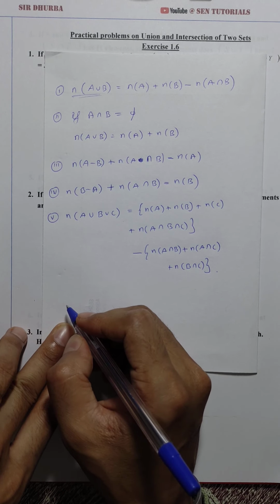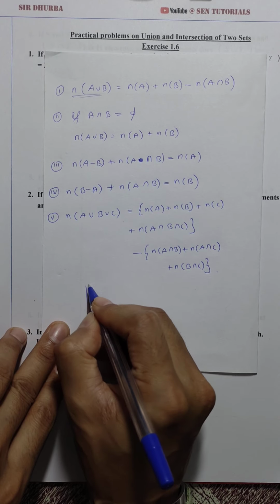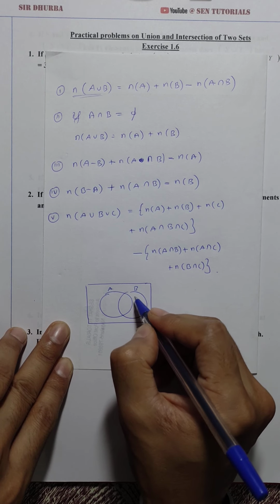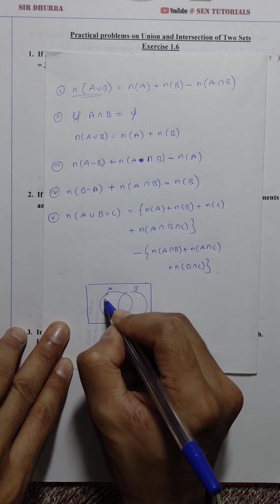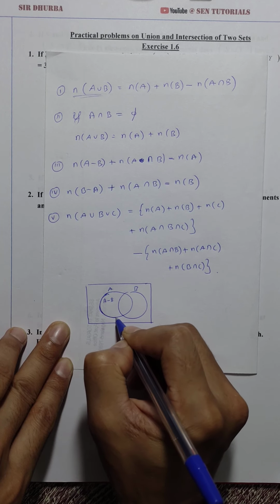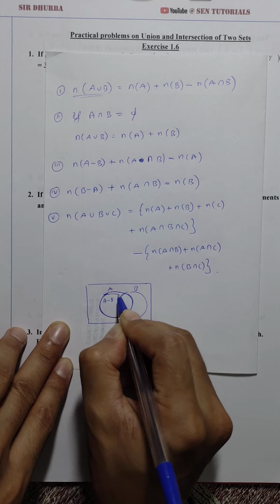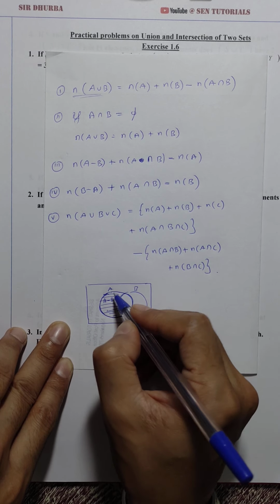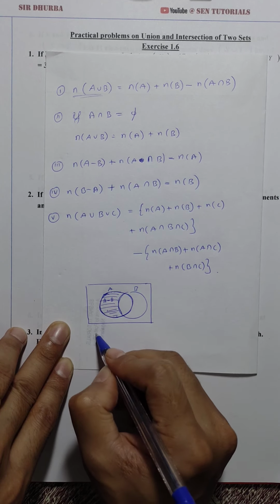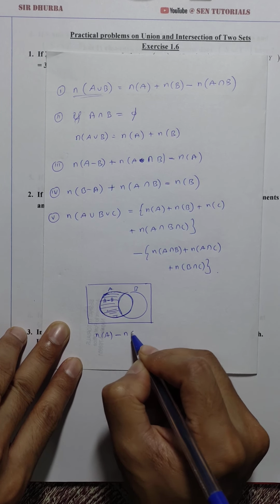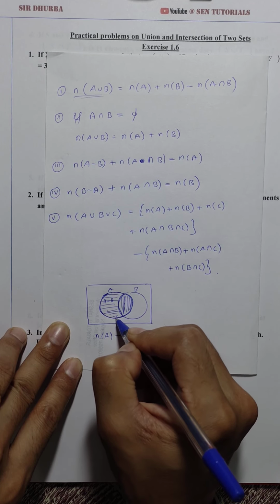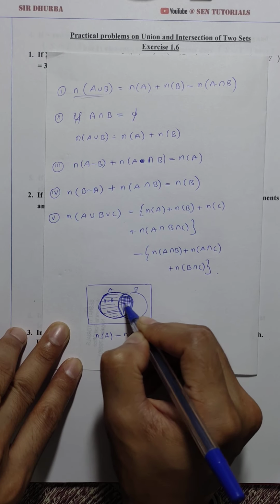Let me give you a small example. If you have the sets A and B, and I want only the elements purely in A, that's going to be A minus B. So the number of elements of purely A would be the number of elements of A minus B. That is, the number of elements of the set A minus the number of elements of A intersection B, because this region actually involves the set B also.